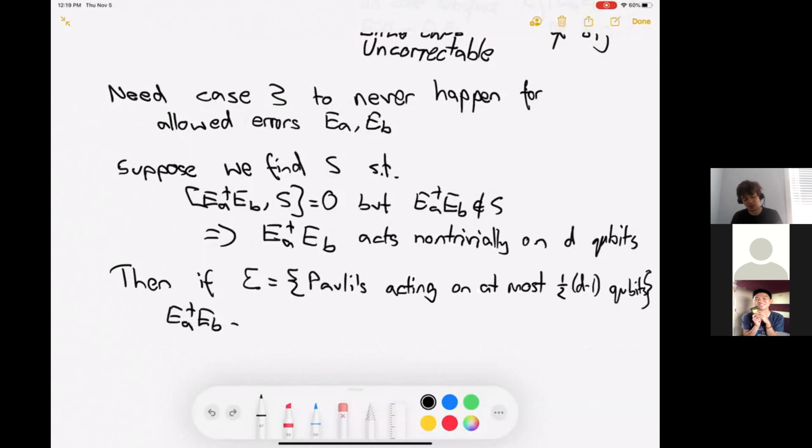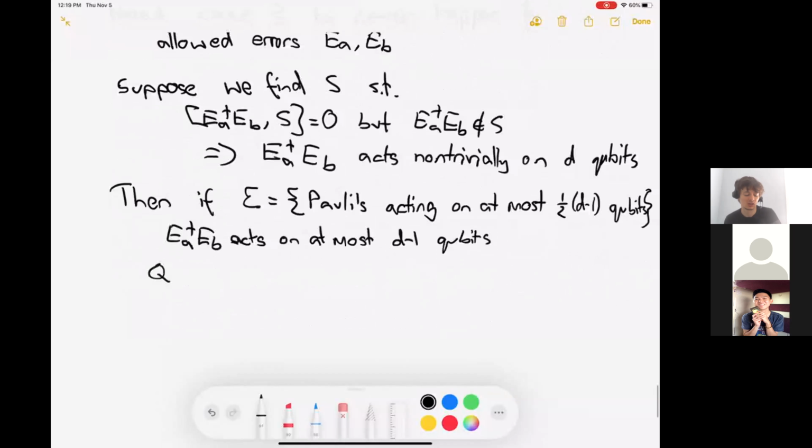So EA dagger EB acts on at most D minus 1 qubits. Case 3 never happens. Quantum error correction is possible. Okay, we found a quantum error correcting code.